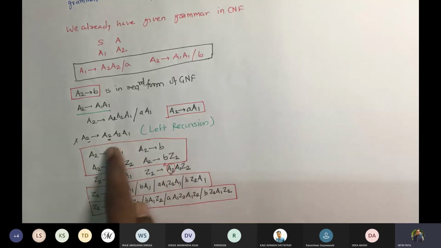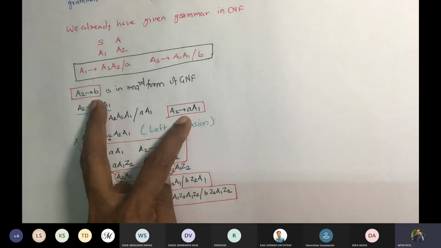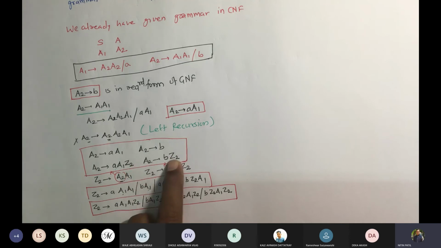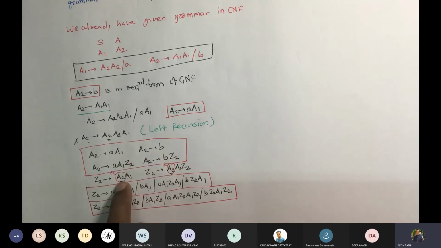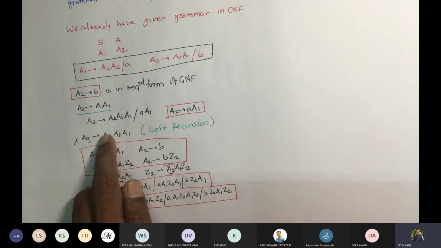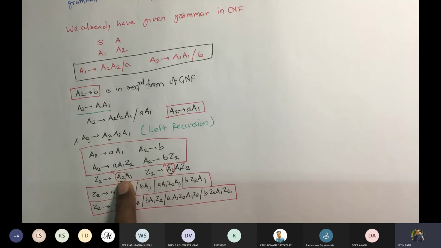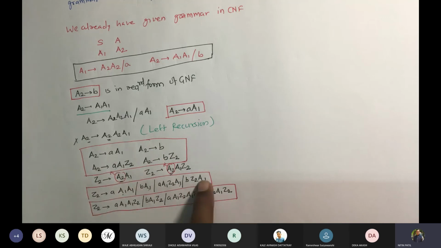So due to left recursion, we introduced a variable Z2, and we wrote the two which are in required form, like these two, and we added Z2 as a suffix towards the end for both of these. And for Z2 we gave the remaining string with the replacement of this A2. We removed this A2, the remaining thing was written as it is, A2 A1, and along with this we wrote Z2. Right? And then we got A2 values as 4. So we replaced these A2 values and we got this.